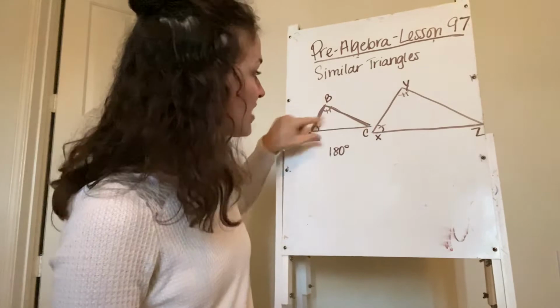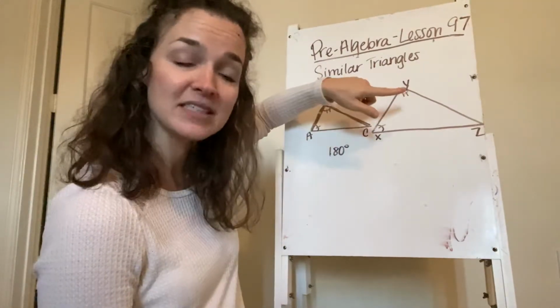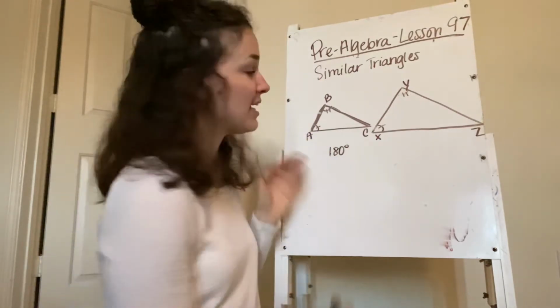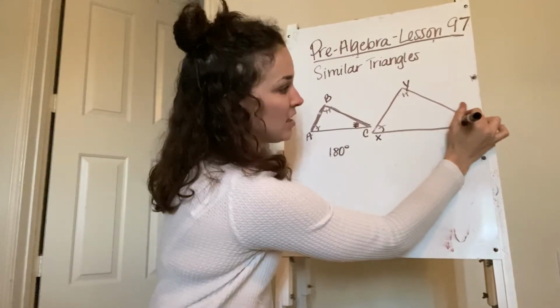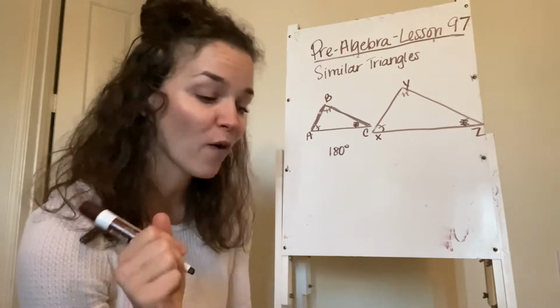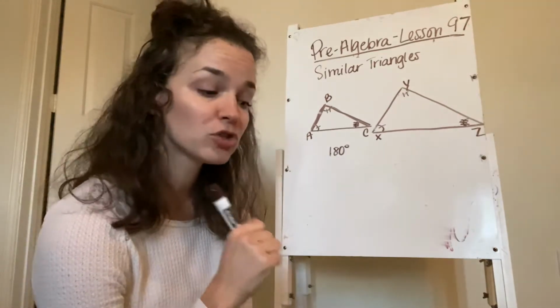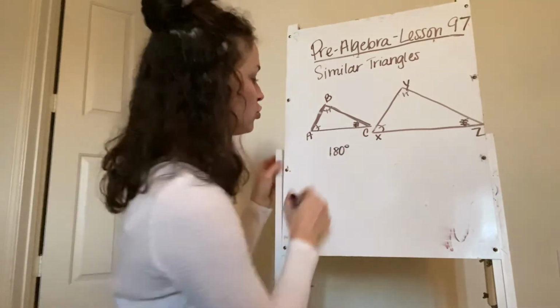If these angles are the same, then when I add them up and subtract from 180, it's also going to give me the same thing. So this third angle is going to be equal too. That leads me to the first statement we can make about similar triangles: in similar triangles, the corresponding angles are always congruent.